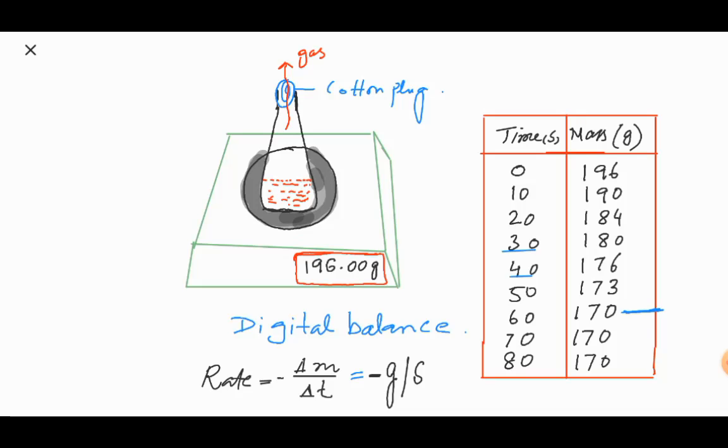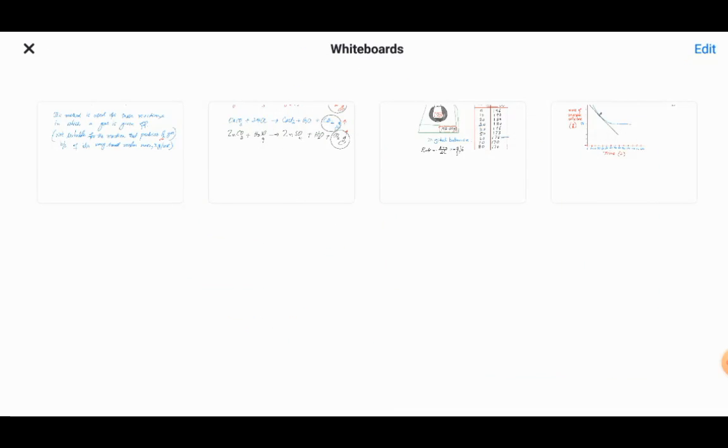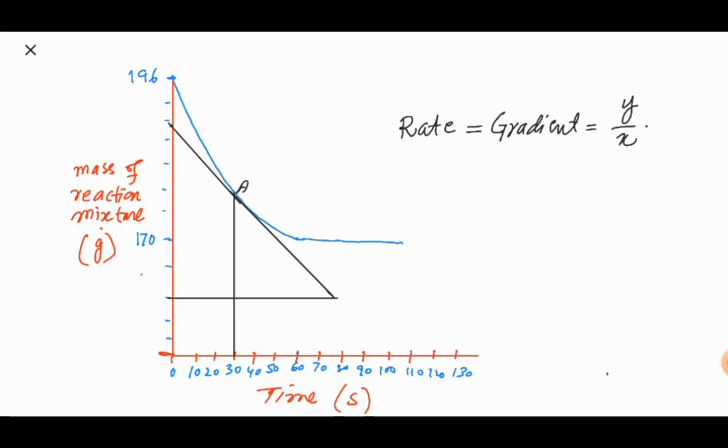We can also draw a graph of mass of the reaction mixture against time. We can also measure the rate of this reaction by finding out the gradient of this graph, which is y over x, and actually it is the rate of a reaction.